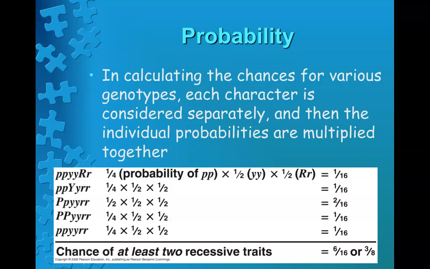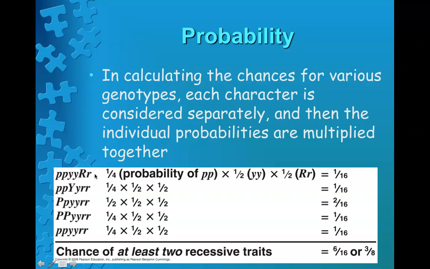But here's an example. I'm calculating the chances of a variety of phenotypes using 3 characteristics. I can use those single monohybrid Punnett squares, the little 4s, and consider each probability separately, and then multiply them together to figure out what the actual chance is.